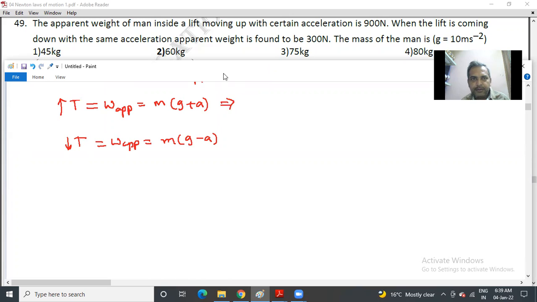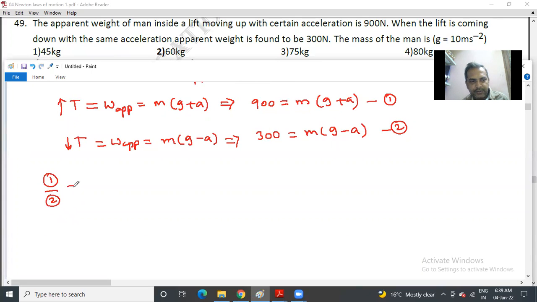Now in the question they mentioned that while moving upwards, apparent weight is 900 newtons. So 900 is equal to M of G plus A. Next, second case, while moving downwards, apparent weight observed as 300 newtons is equal to M of G minus A. So let us divide equation 1 by equation 2.